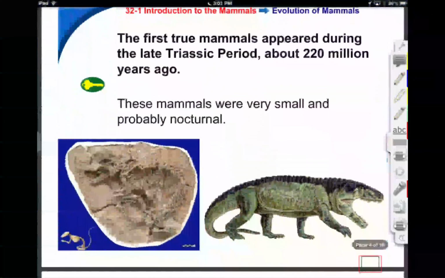Now, the origin. Mammals didn't just suddenly show up at the asteroid impact. In fact, they had been evolving and coming along. We're looking at a thecodont, and you can see it. What we're seeing is probably the ancestor, at least it's the best hypothesis we have, to not only the dinosaurs but what rose to be the mammals.